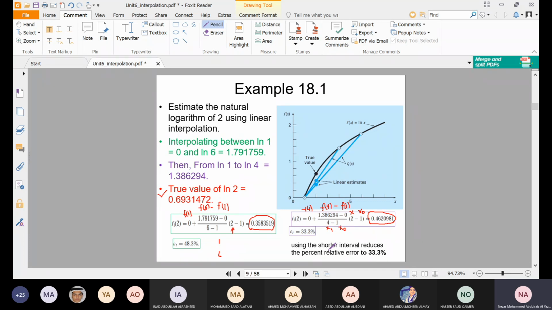So if we have huge data, we try to select the minimum interval that contains the point we want to estimate. As we said in the previous example, we can start from 0 to 6 and estimate 0.15, but a good way is to reduce the interval as much as we can.